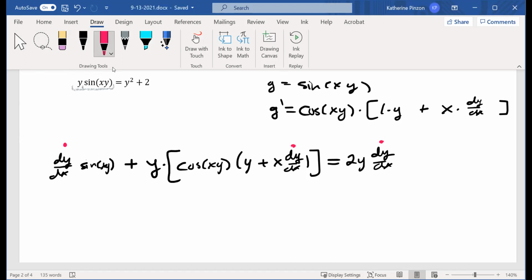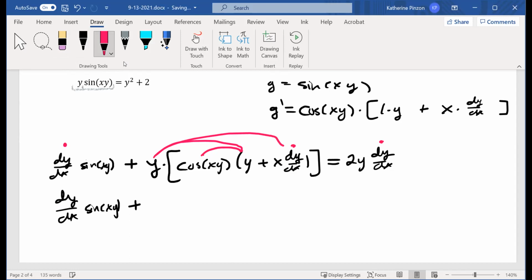Yeah, this is y times cosine xy times y, and y times cosine xy times this thing. So before I can put the dy/dx's on the left and the other stuff on the right, I need to distribute this so that this dy/dx can get out. Right now it's kind of stuck inside there. So the first term is dy/dx sine xy plus, I'm going to distribute this y and this cosine to both pieces.